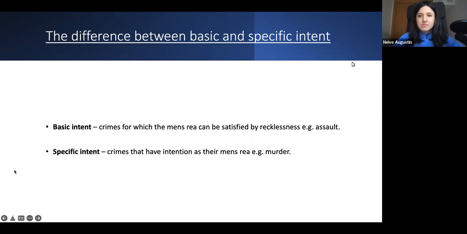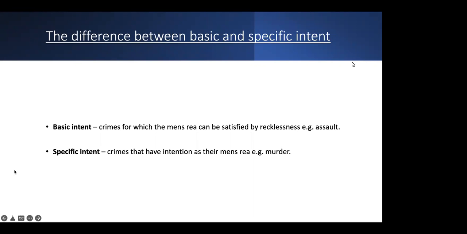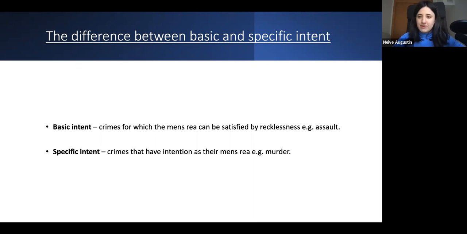The difference between basic and specific intent crimes. For some defenses, you need to differentiate if it's a basic or specific intent crime. Basic intent crimes are the ones where the mens rea can be satisfied by recklessness, for example, assault, whereas specific intent is when there has to be a specific mens rea.